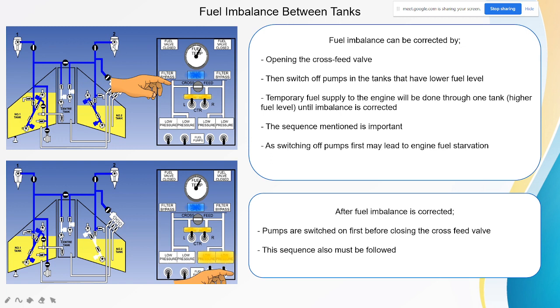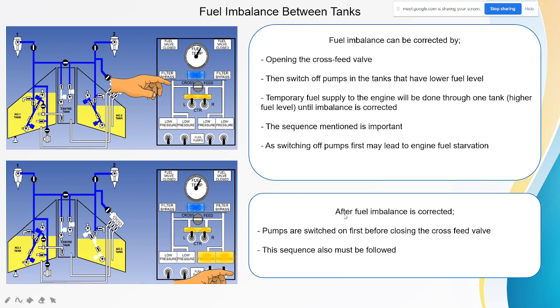When the engine doesn't get any fuel even for a short moment, that is called fuel starvation. So it is important to open the crossfeed valve first so that there is fuel flowing towards the engine. Then we shut off the booster pump at the right.